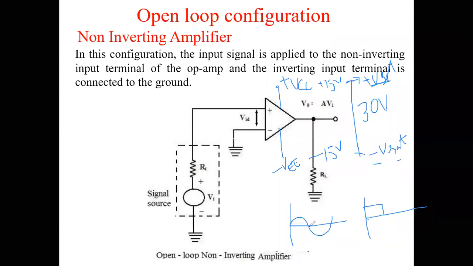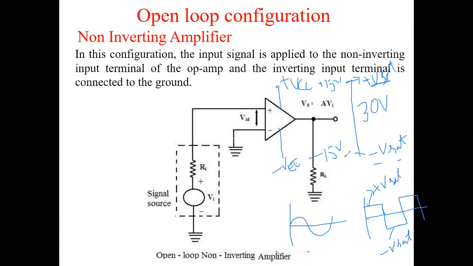Now the input is going below zero, so automatically the output will go to minus V sat. So the output always switches between plus V sat and minus V sat in case of open loop configuration.